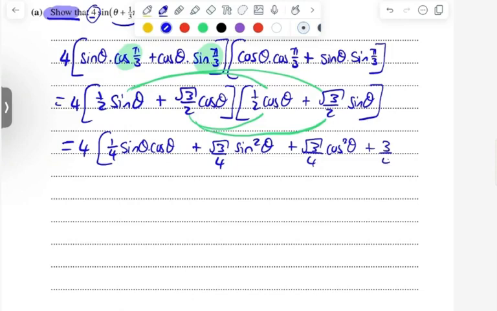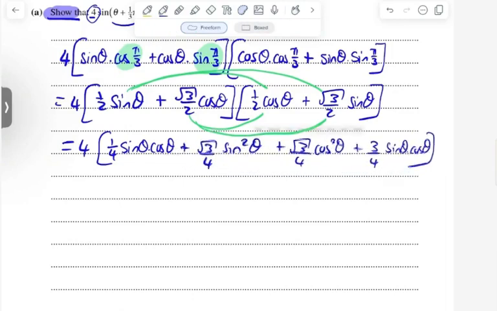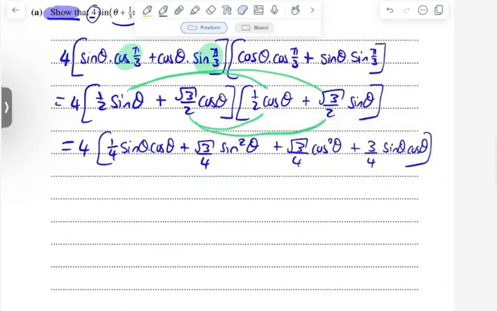Plus 3 over 4 sine theta cos theta. I'm just using my distributive law because I really don't actually know what else to do. So you just keep going. These things often get messier before they get prettier, so don't be afraid of going for it.